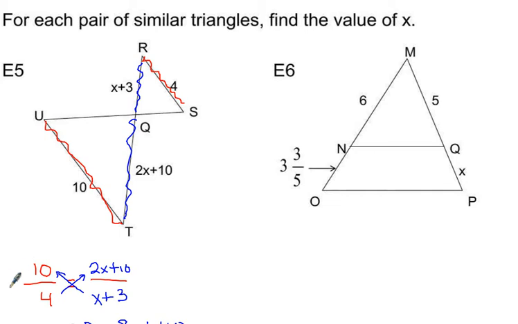That makes it 2x plus 30 equals 40. We minus 30, minus 30. That makes it 2x is equal to 10. Divide by 2, and x is equal to 5. Now, all it's asking you for is x, so you don't have to do anything else. That's it. You're done. Alright?